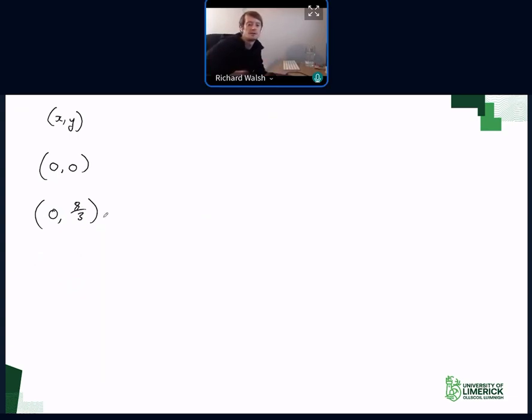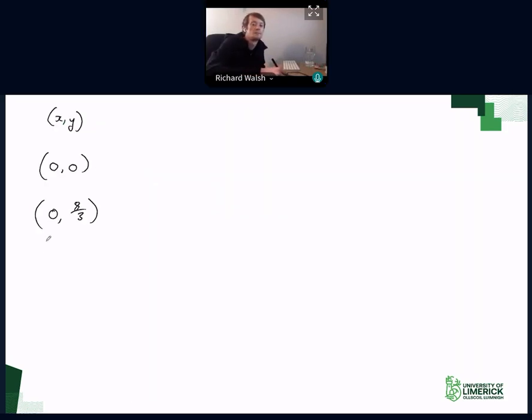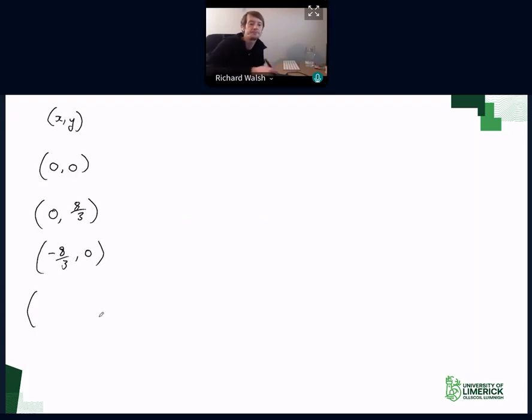So that's both x equals 0 points with both of the y's. And now I'll also take x equals minus 8/3 with y equal to 0. And the last one is x being minus 8/3 with y being 8/3. So they are all the stationary points.